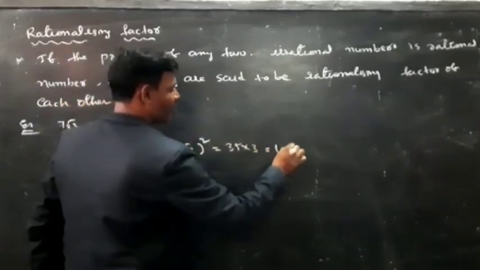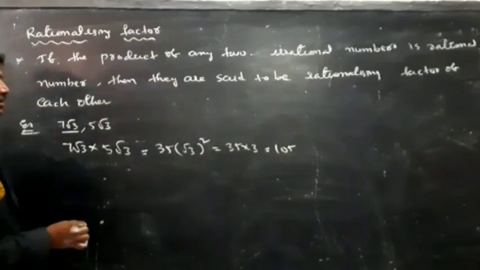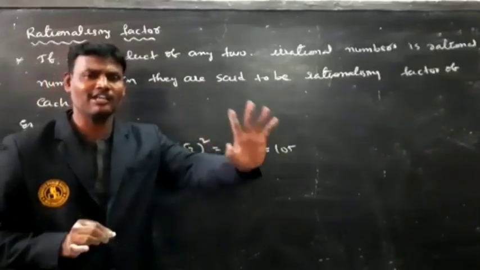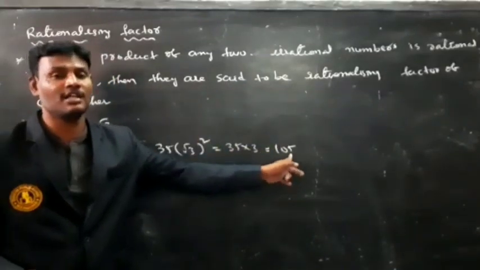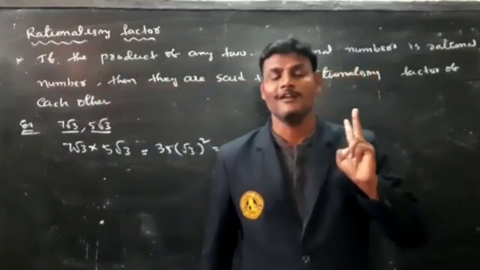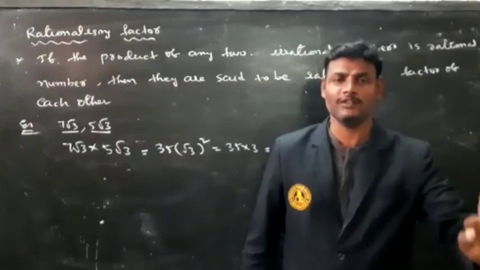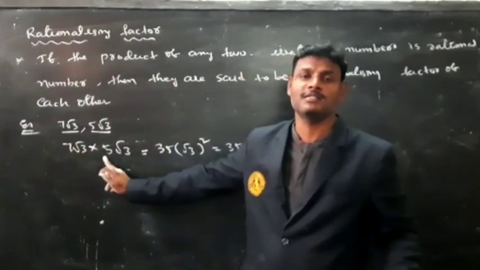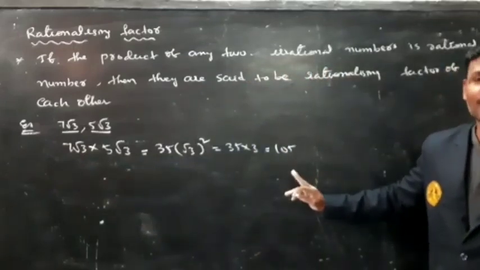It is 105. See here, 7 root 3 is an irrational number. Similarly, 5 root 3 is an irrational number. Both are irrational numbers. But the product of the two numbers is a rational number. Here, what did I do? I took two irrational numbers, 7 root 3 is one and 5 root 3 is another. But multiply the two numbers. What is the answer here? 105. 105 is a rational number.